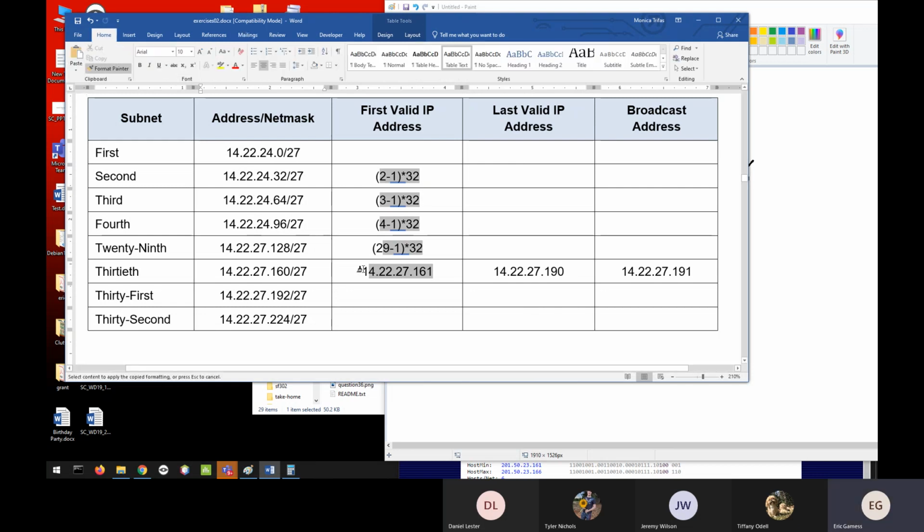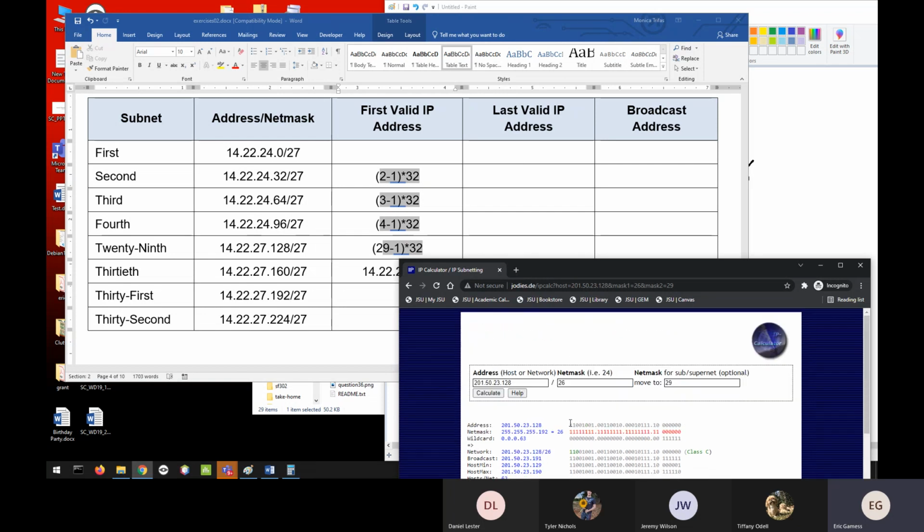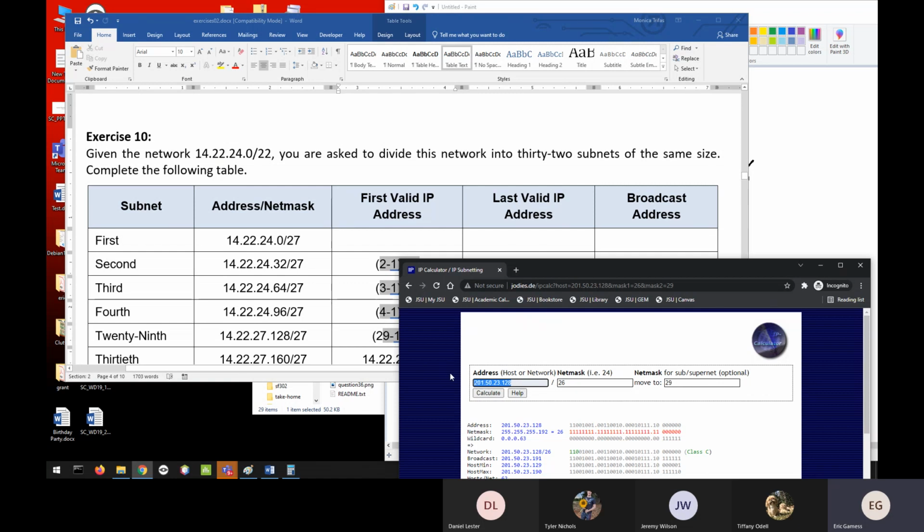So if I want to verify it, for example, I want to verify this network. Let's do it here. So let's put that the original network was 14.22.24.0/22, and we want a /27.